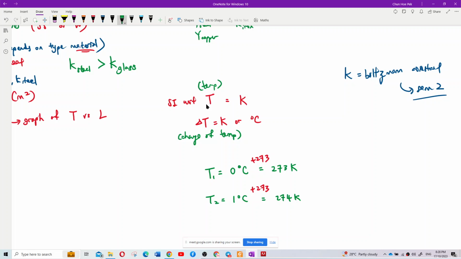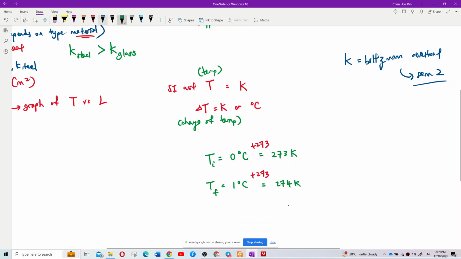Now I want to ask you, let's say temperature 1 change to temperature 2. What is the change of temperature? Let's say this is the initial temperature, this is the final temperature. Can you calculate the change of temperature from 0 degrees Celsius to 1 degree Celsius?